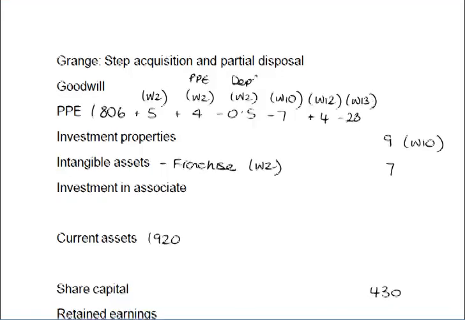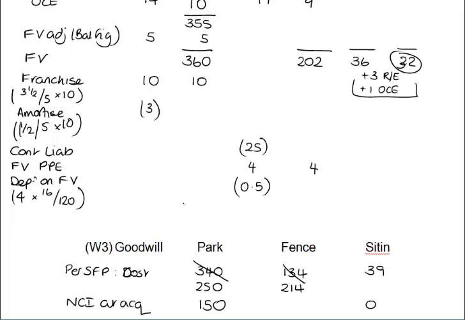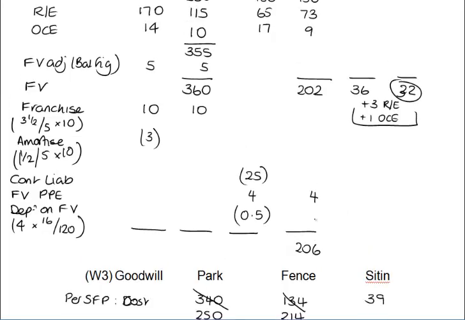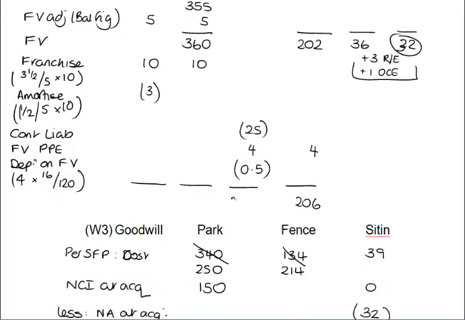What we can now do is we can go to working number 2, and working number 2 itself is quite a challenge. And we can work out our net assets totals. So for Fence, net assets have increased from 206 to 210.5.